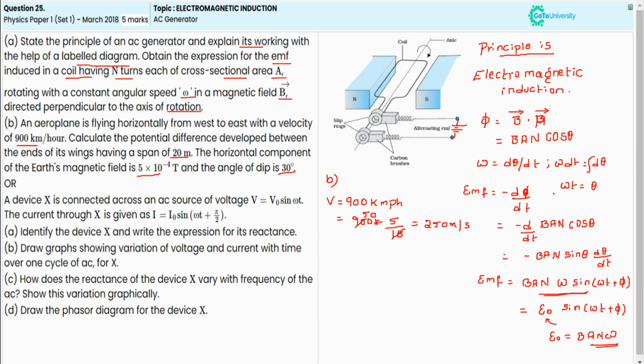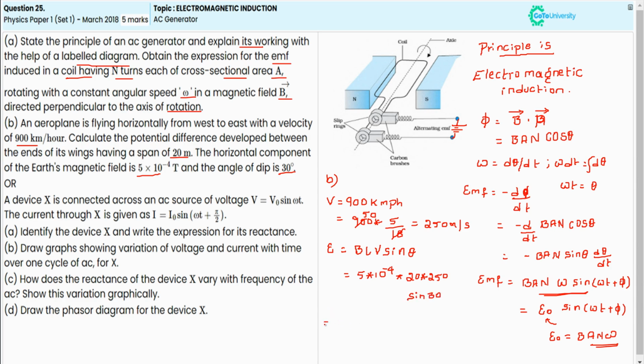And here, epsilon is equal to B L V sine theta, and they give the values: B, Earth's magnetic field, is 5 into 10 to the power of minus 4, L is 20, V is 250, and sine of 30 degrees.